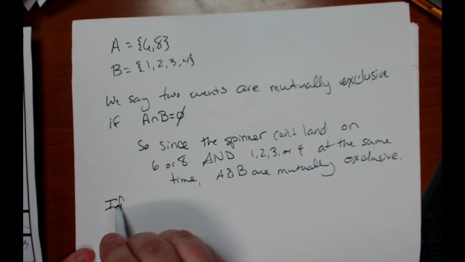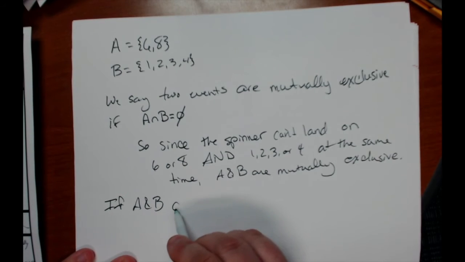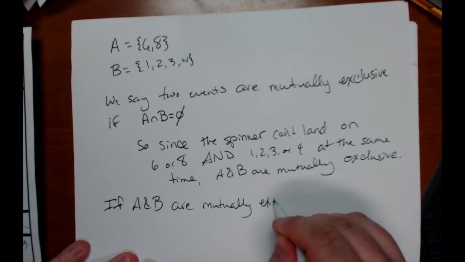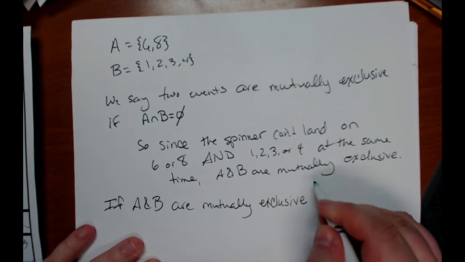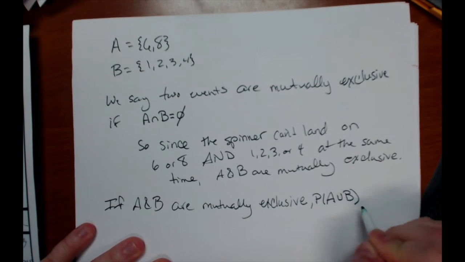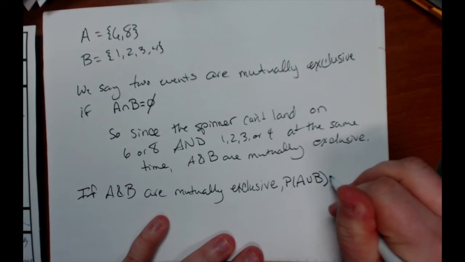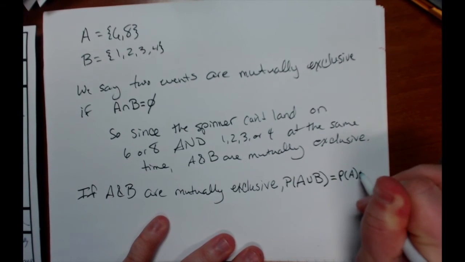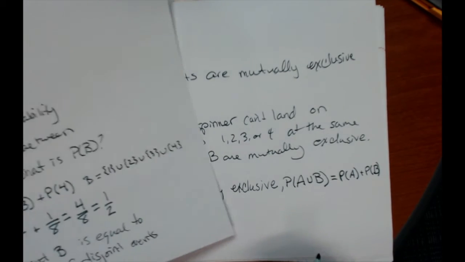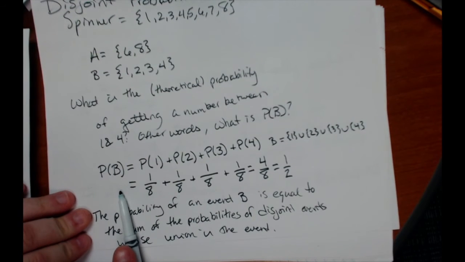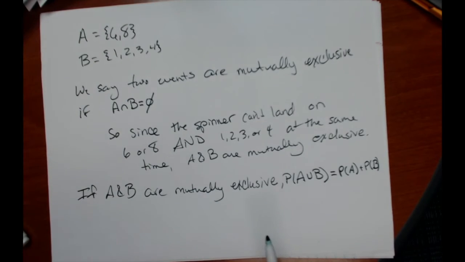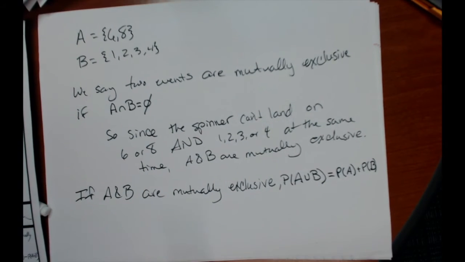And an important result is if A and B are mutually exclusive, the probability of A or B, A union B, is the probability of A plus the probability of B. So the reason we have this, disjoint events lets us add this up, is because they're mutually exclusive.